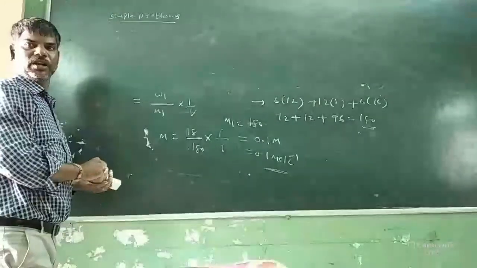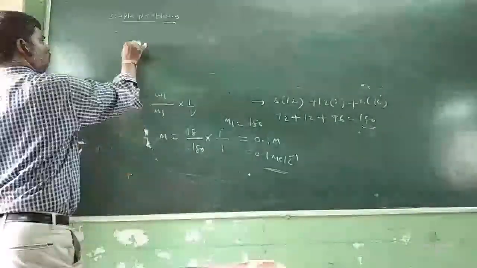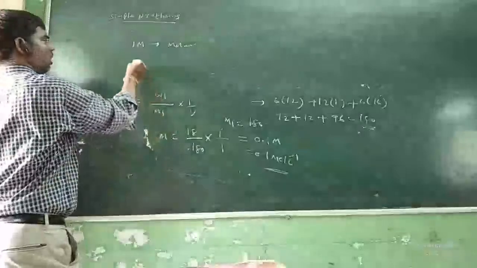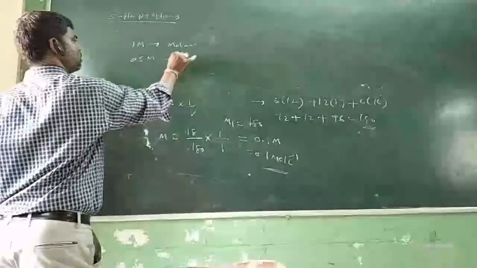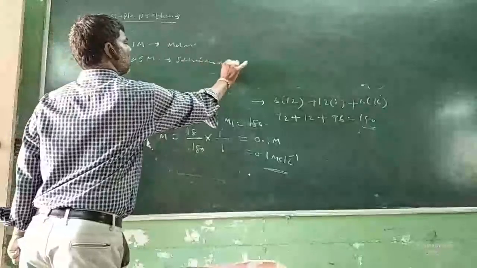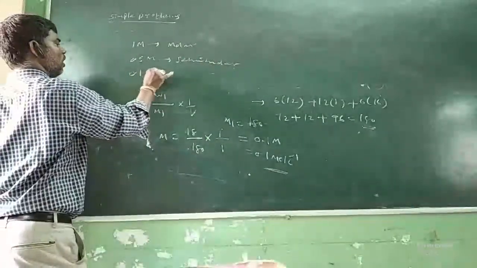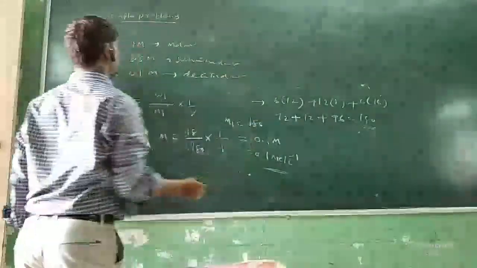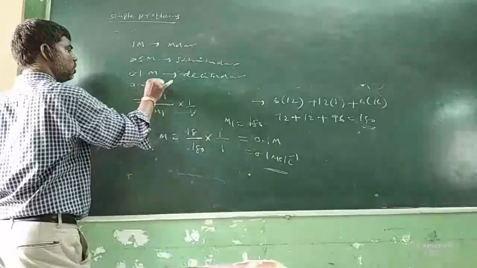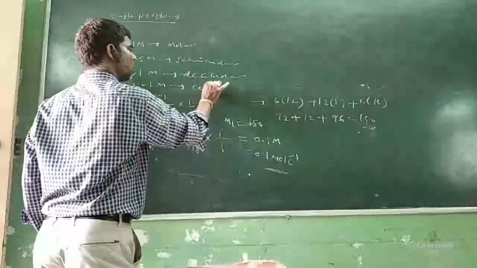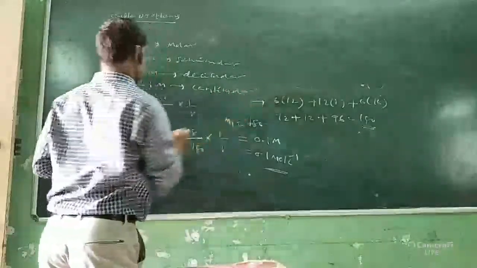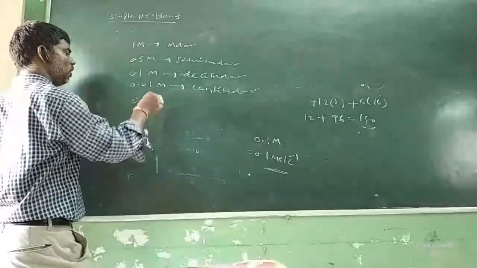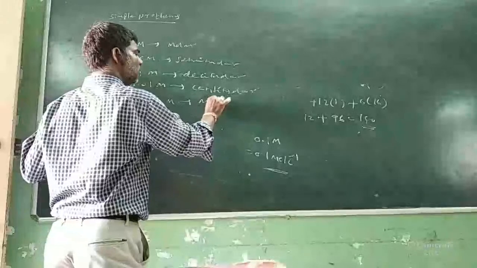Here see one more thing finally: 1 M is called molar, 0.5 M is semimolar, 0.1 molar is decimolar, 0.01 molar is centimolar, and 0.001 molar is millimolar.